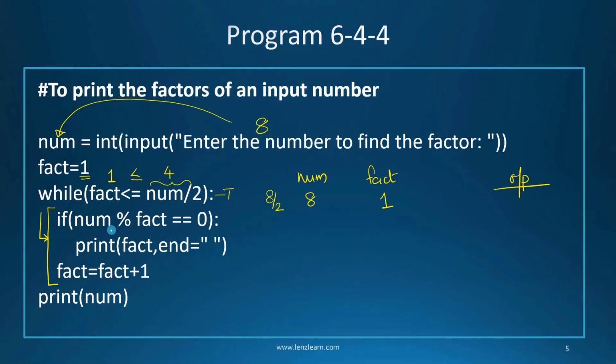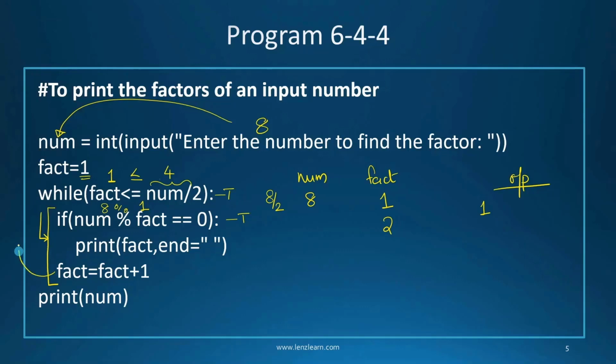Now I will divide the value of num, which is 8, modulo division with 1. When you divide 8 by 1, the remainder will be 0. So this condition also will be true. So now I will print the value of fact 1, because 1 is actually a factor of 8. Okay, so now I will increase the value of fact by 1, because now I have to check whether 2 is a factor of 8.